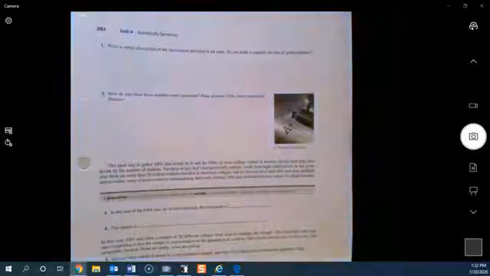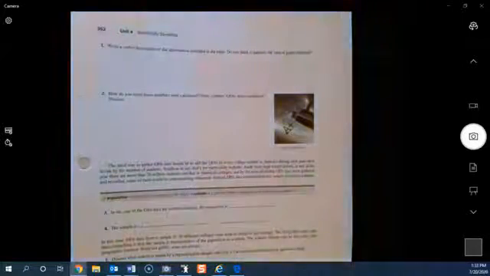So it says, write a verbal description of the information provided in the table. Do you think it supports the idea of grade inflation? Now, we know that GPAs, just to show this really quick here, I could slide it down.